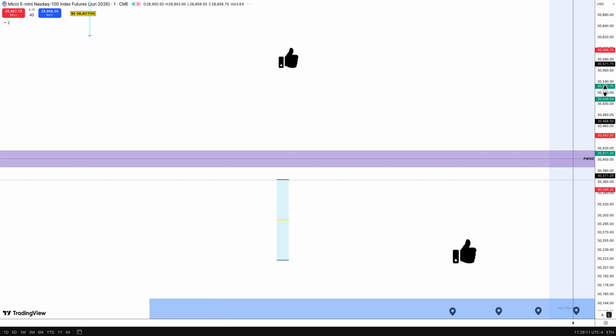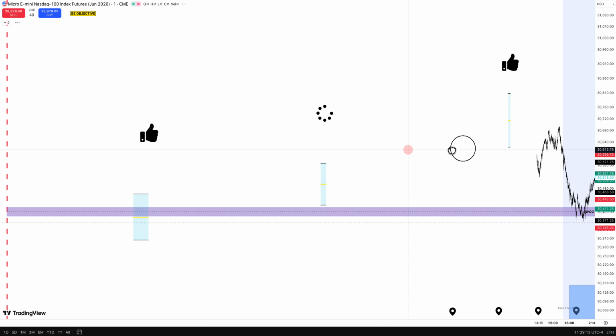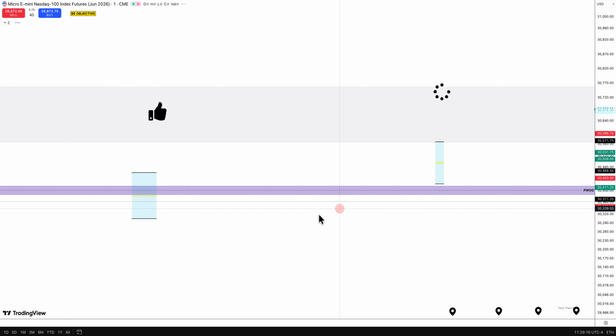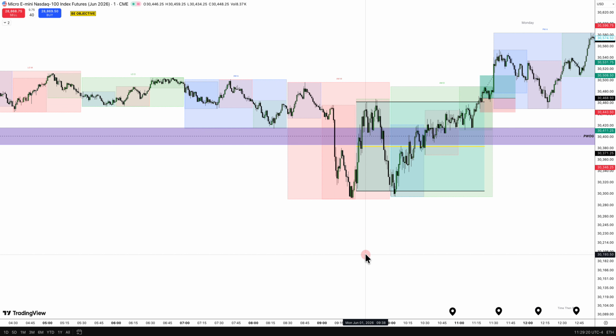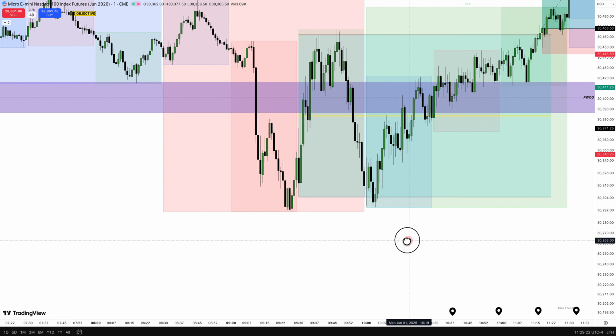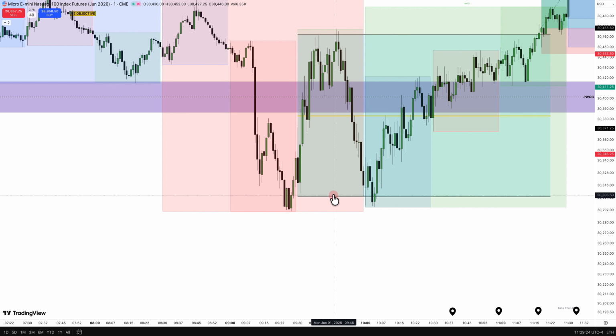Okay, let me go back. There you go. Now, it's right here. You look down here, it's 9:45. As you can see, at 9:45 the candle is still inside the range.